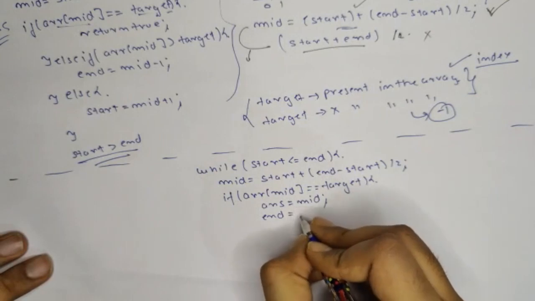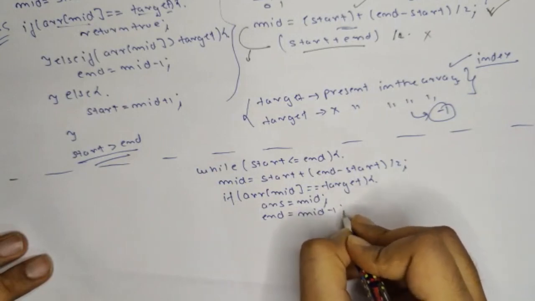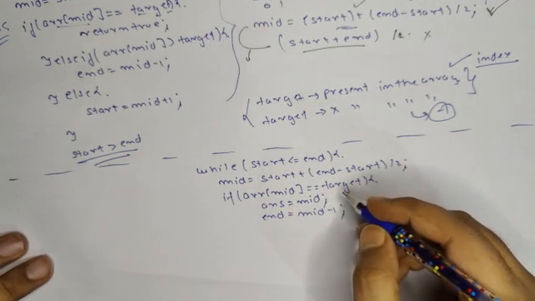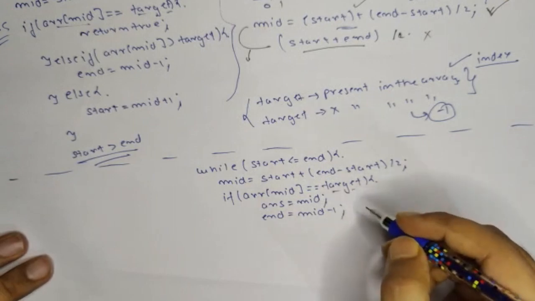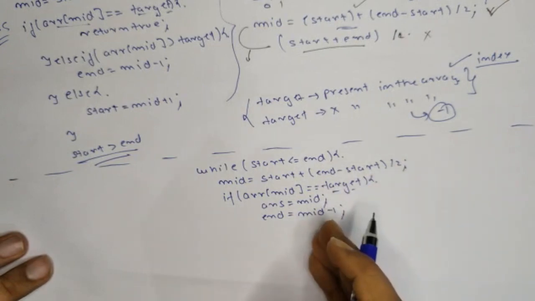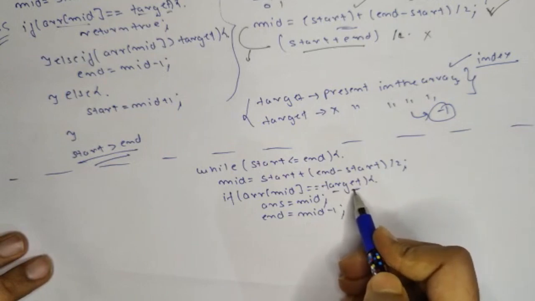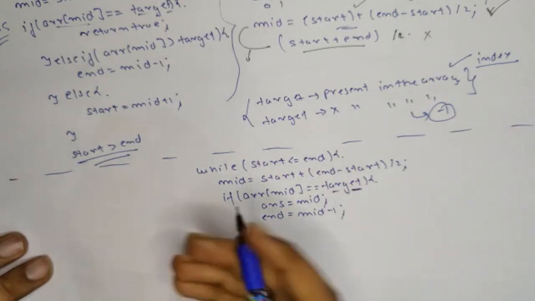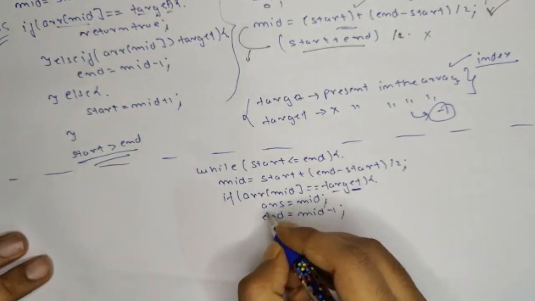So end is equal to mid minus 1, because we have already found one value the same as target, but we need to check whether there are any more such values stored in the first half. If there are no such values, then we will return this answer.